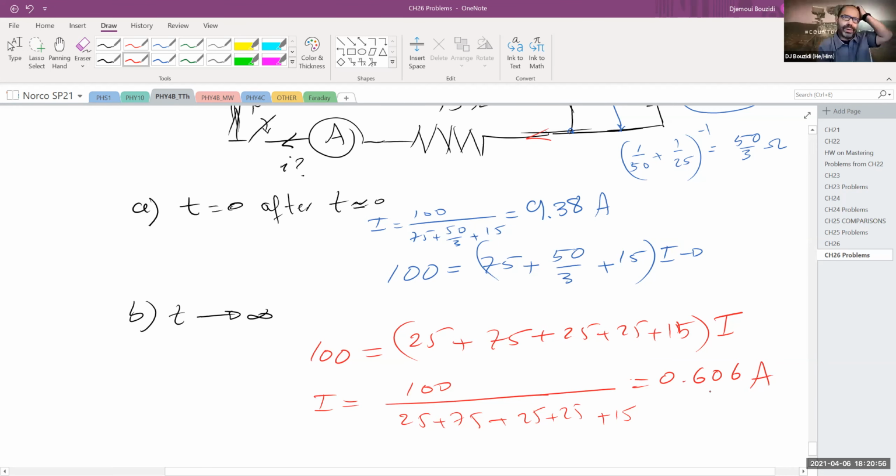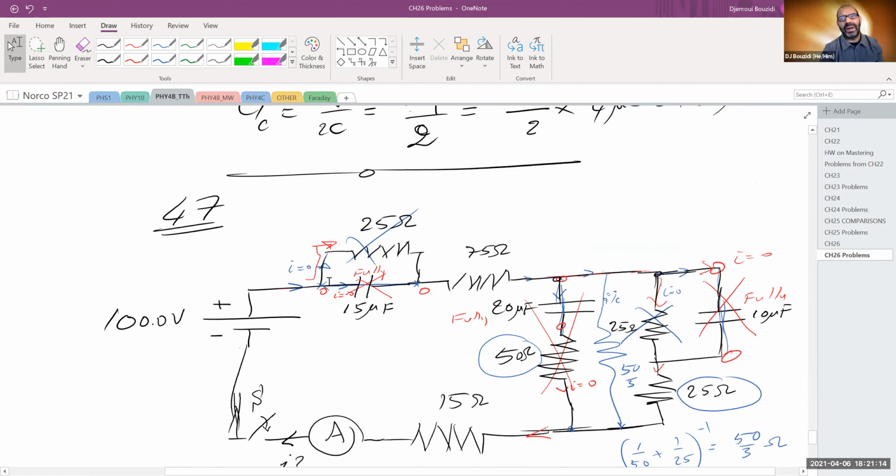So here is the moral of the story. First of all, how to handle capacitors and resistors: immediately after, and you wait for a long time when they're fully charged and they kill the current. This is how you treat them. Immediately thereafter, they're short circuit. So they short circuit the branch where they are at. So there was a resistor in here, but it's short circuited.